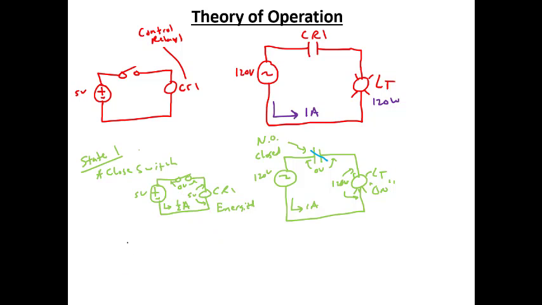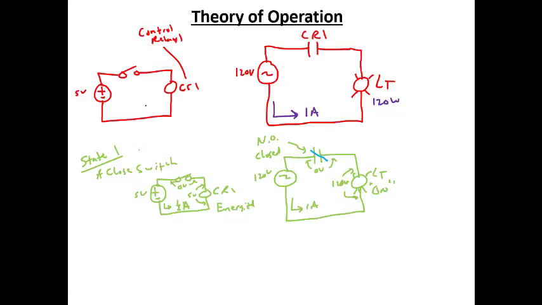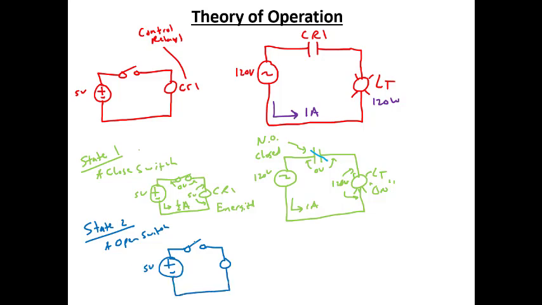All right, so let's go to the next state. Let's say somebody opens the switch. So now we're at state 2, and we open the switch. Let's look and see what happens. So here we'll draw this again, this time with an open switch, and we have the relay coil, a 5-volt supply.